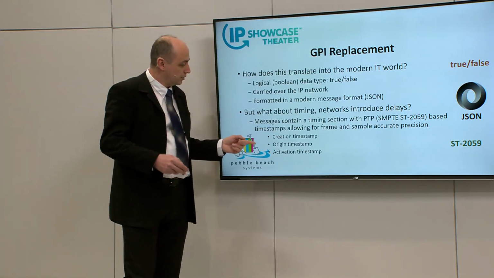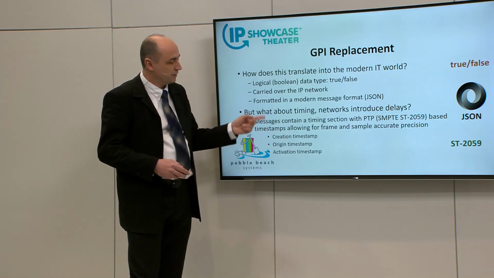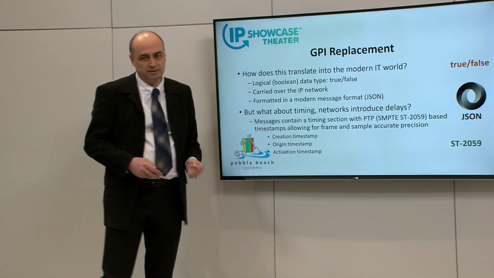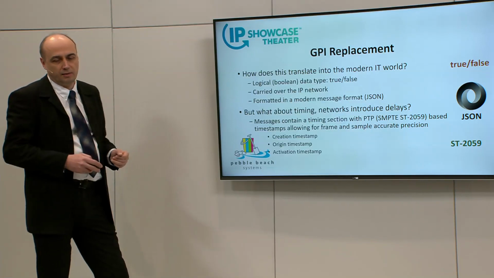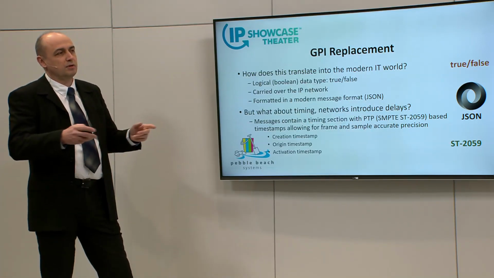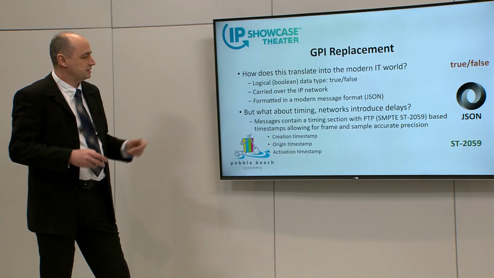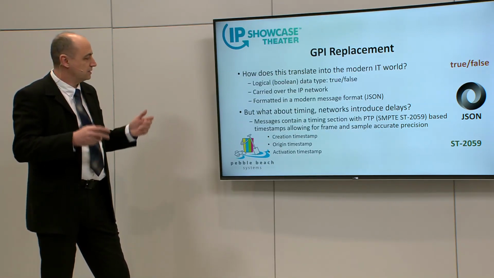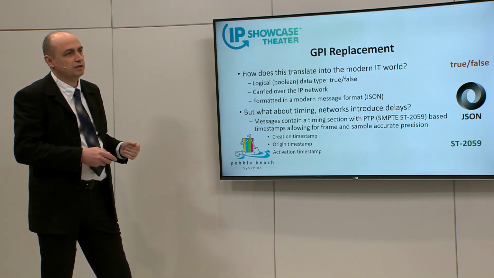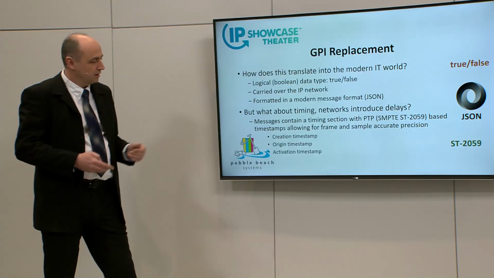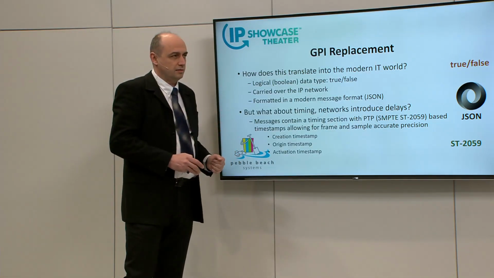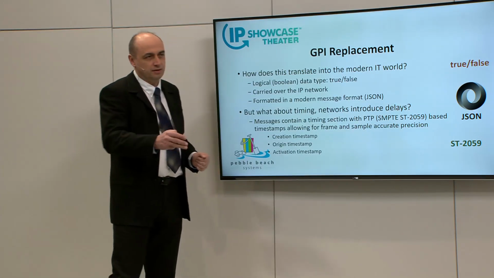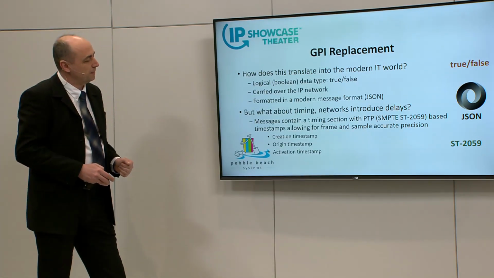And probably the most important one for frame accuracy is the activation timestamp, which tells you when the action should actually happen. So if you want to trigger a number of devices at the same time, you would send the activation timestamp so they have a pre-roll time for all of them to actually start performing an action at that very time.